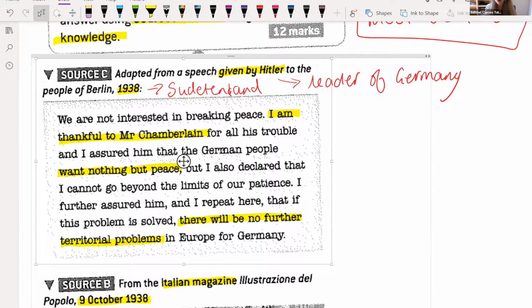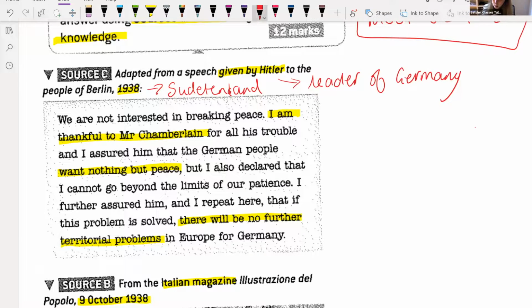Now, when we're talking about source utility, what we often find is that people will say the source is useful because it tells me that, and I know this and that, and they'll give an example. What is really important is that you don't say the source isn't useful because it doesn't show this. Say the source is useful because it doesn't show us this.